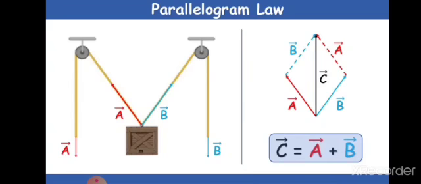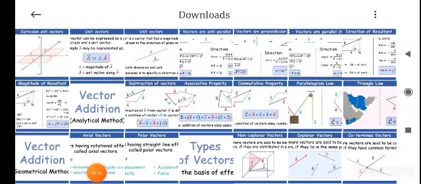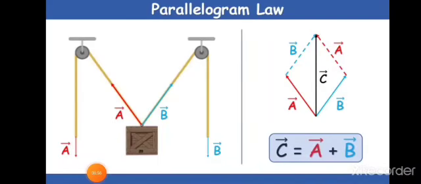Then the resultant vector we can get in the diagonal of the parallelogram. So the vector C is equal to vector A plus vector B. So the third type of vector addition is the law of polygon of vector addition.